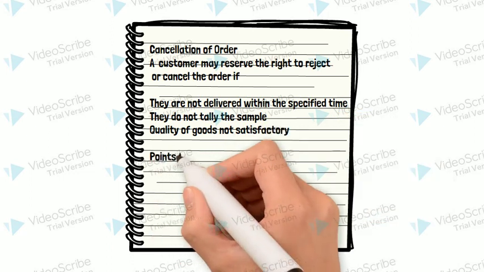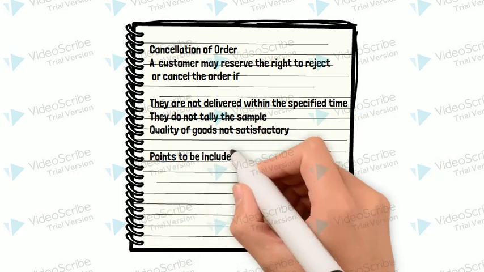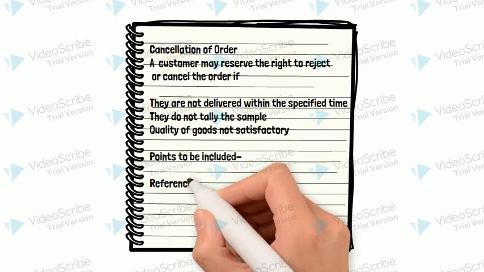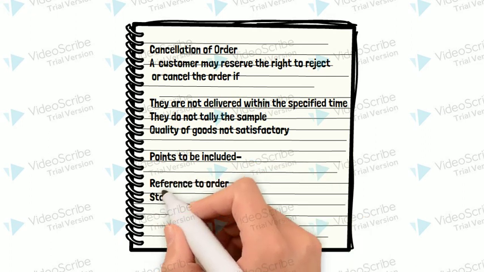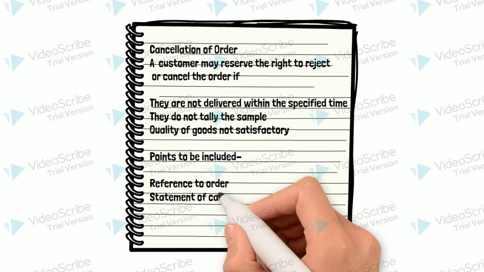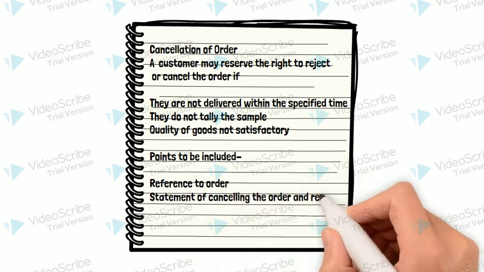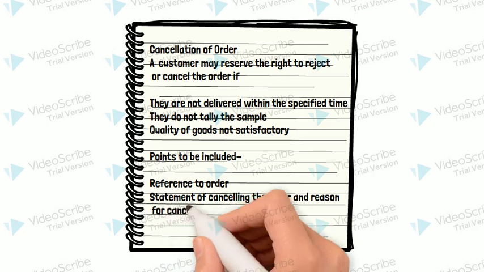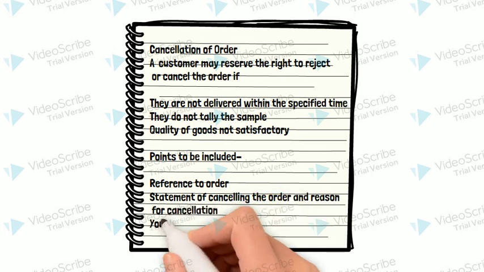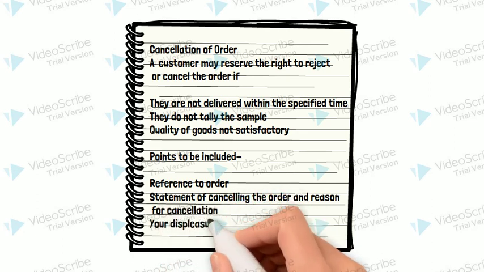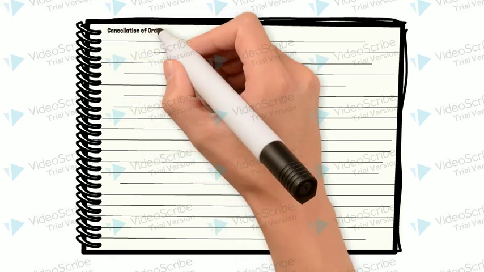So hence the points that can be included are reference to the order, statement of cancelling the order, and the reason also needs to be stated for cancelling, the displeasure incurred.